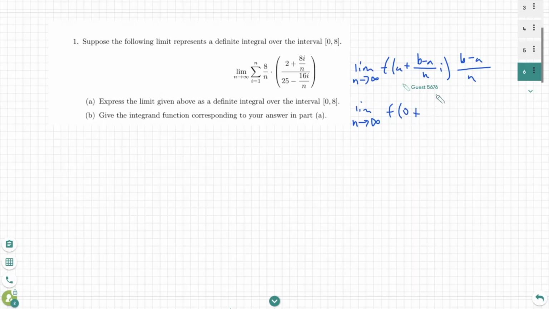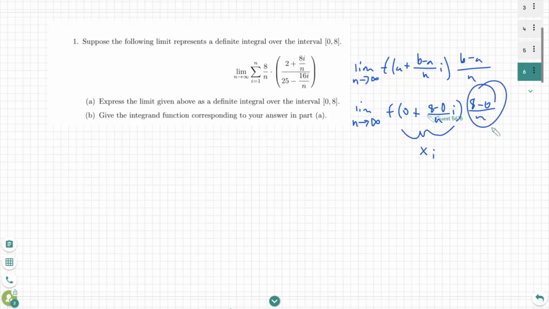So what's b then? b is 8. Times (b minus a) over n, which is (8 minus 0) over n. So now let's put this in the simple formula. What does this part represent in the simpler formula? xi, your x values.